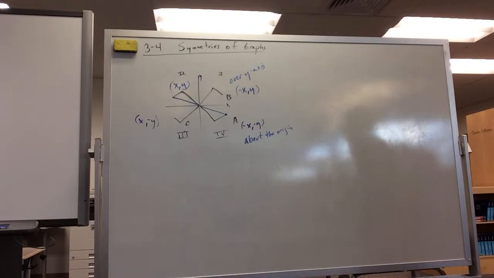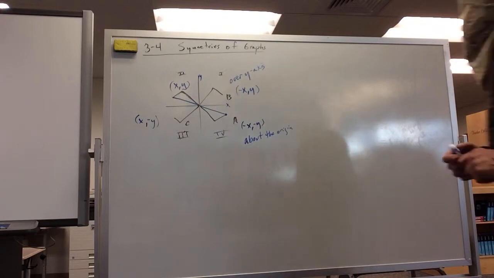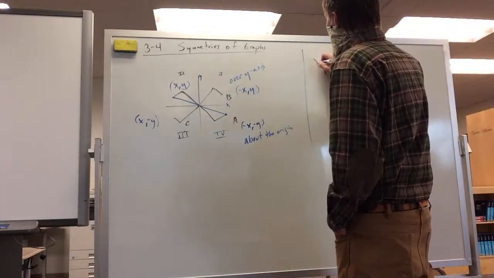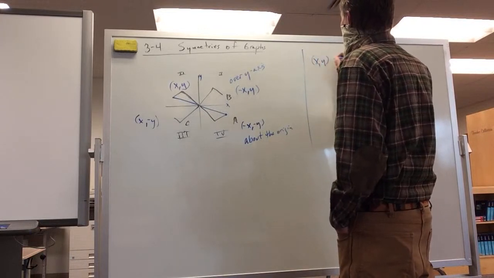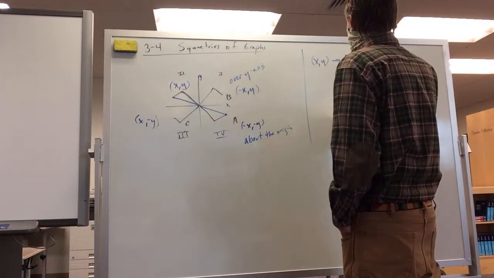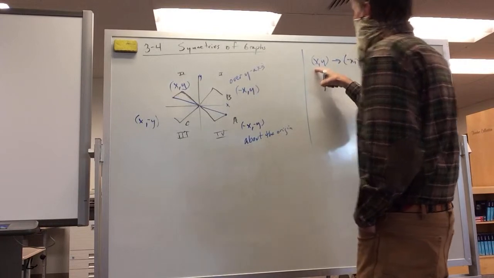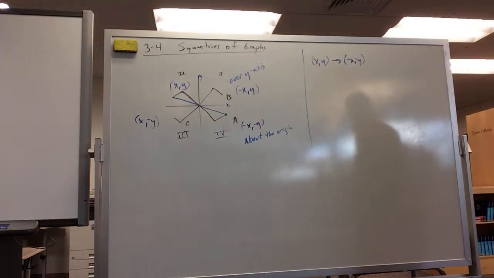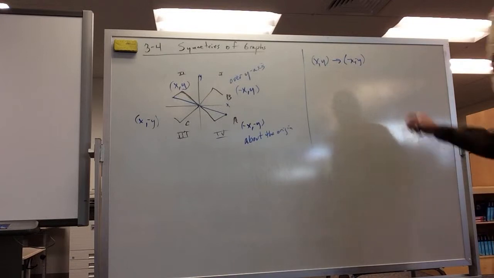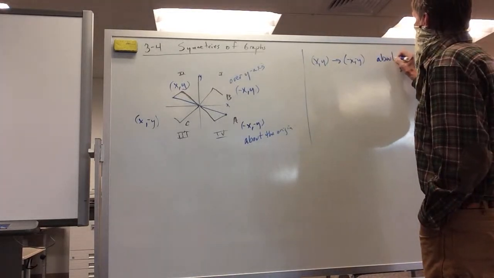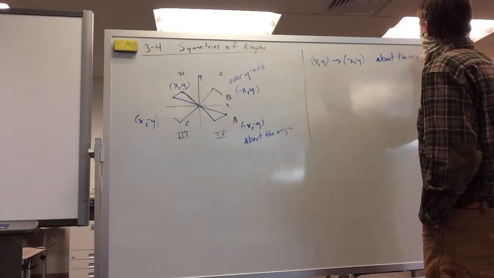Right now it's important to understand these translations in reference to the original image. Because that's what the theorems say. If I map xy onto negative x, negative y, that is said to be about the origin.